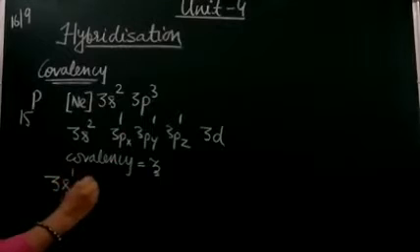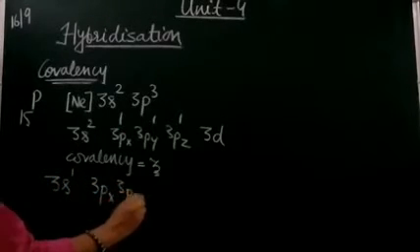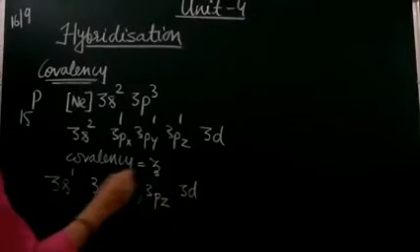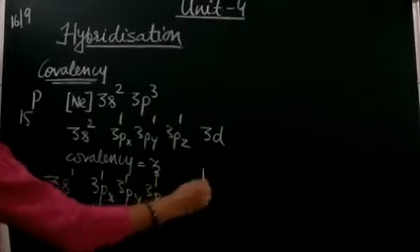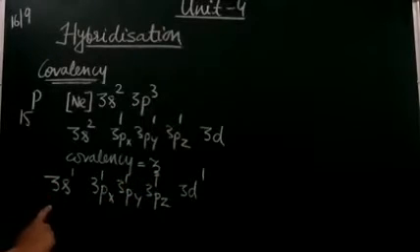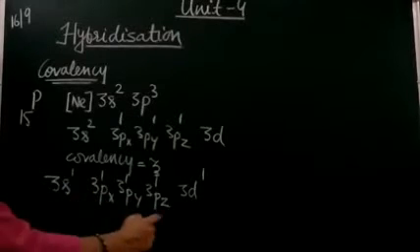It will get one of its electrons excited to the 3d, and now you can see that the valence shell has got half-filled orbitals: 1, 2, 3, 4 and 5.